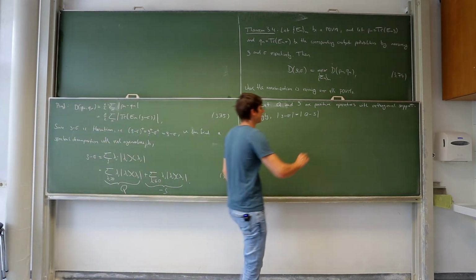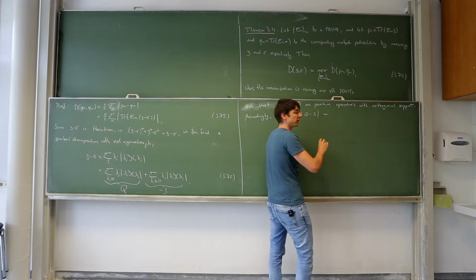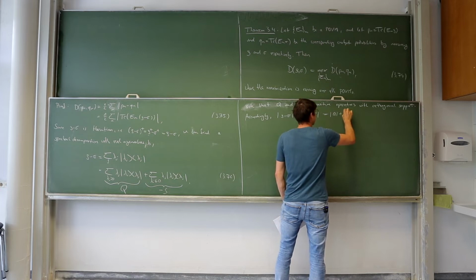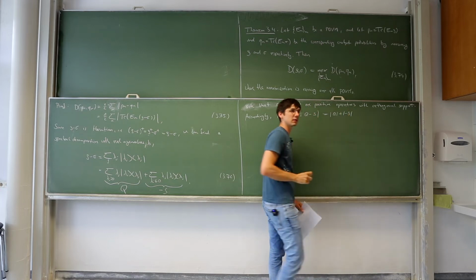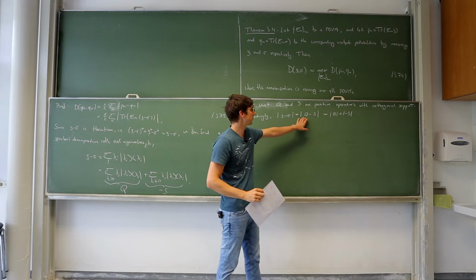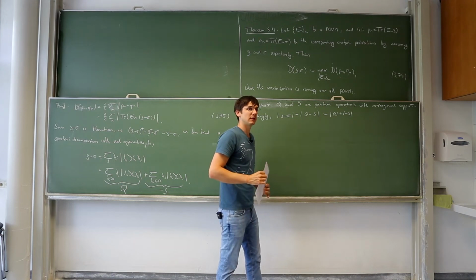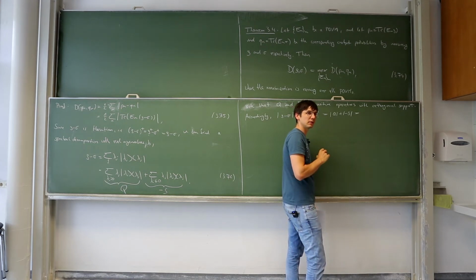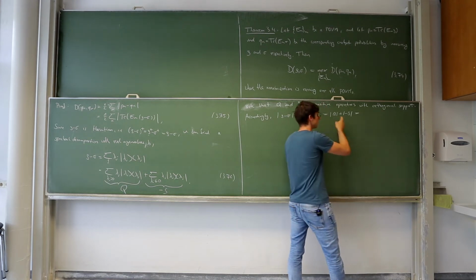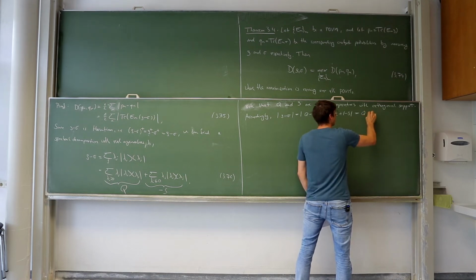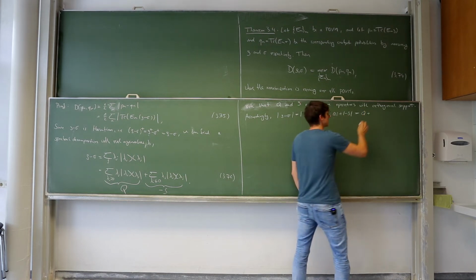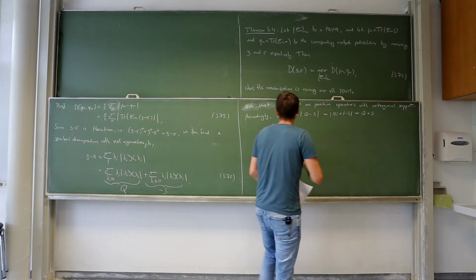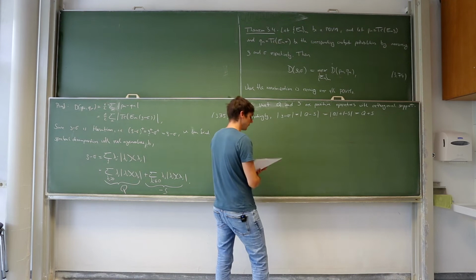And now since they have orthogonal support, we can write this as modulus of Q plus modulus of minus S. Okay, so because they have orthogonal support, we can split this. And the next thing is we use that Q and S are positive operators. So meaning that the modulus of Q is simply Q, and the modulus of minus S is simply S, okay, because these are positive operators. So we have that the modulus of rho minus sigma is Q plus S.